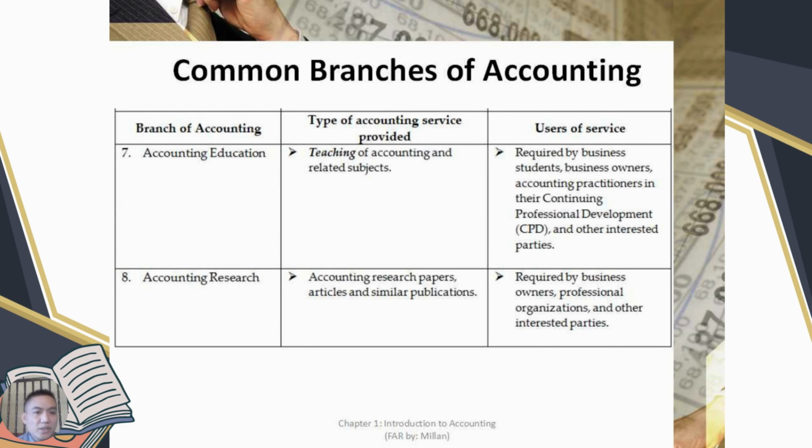Other branches of accounting: accounting education and accounting research. Under accounting education is the teaching of accounting and related subjects required by business students, business owners, accounting practitioners, and their continuing professional development and other interested parties. So time is of the essence. Everything that we learned from the past can change, so you need to update your concepts related to accounting.